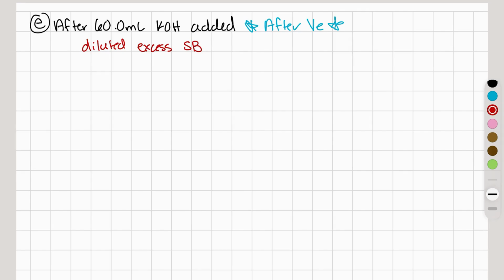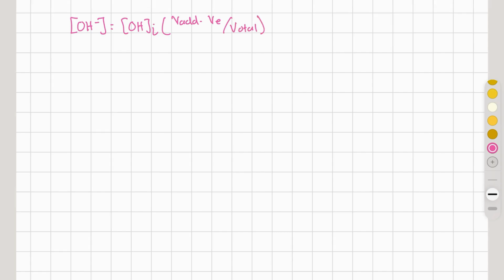And so what I can do is I can use that shortcut method again, where our diluted excess strong base equals our initial concentration of our base times that dilution factor, which is V added minus VE over V total.